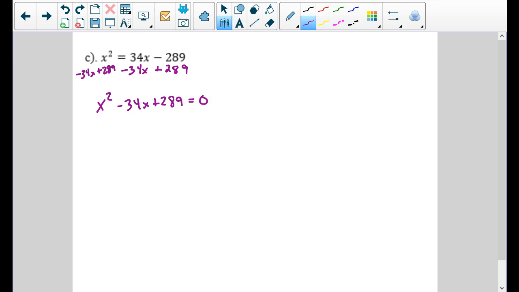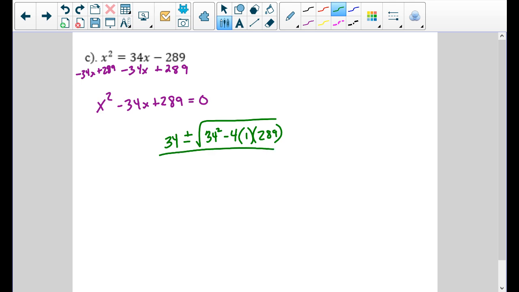So again, plug it into my quadratic formula then, opposite of b, so positive 34 plus minus square root b squared. So again, I can just put the positive, or I have to put it in parentheses, minus 4 times a times c, all over 2 times a, 2 times 1. So big numbers here.